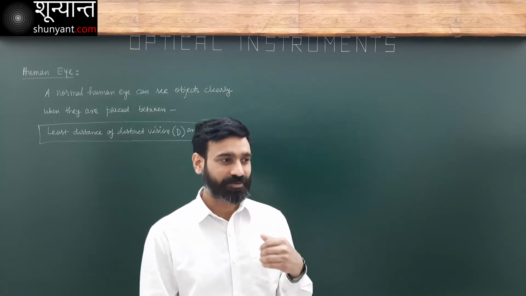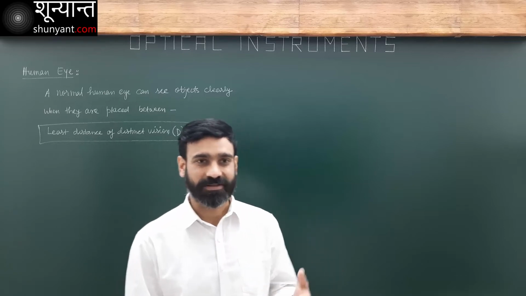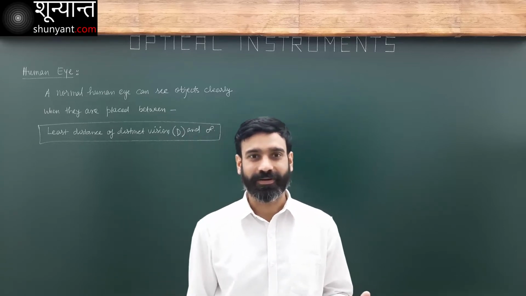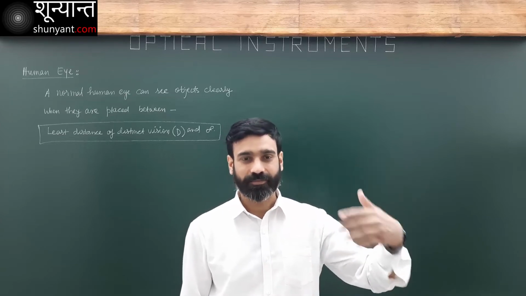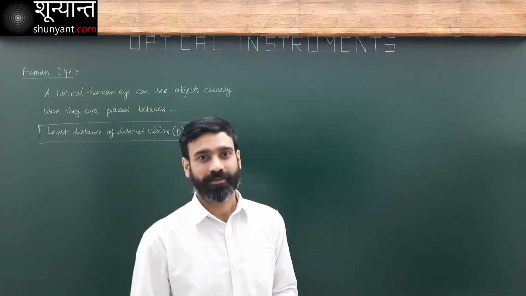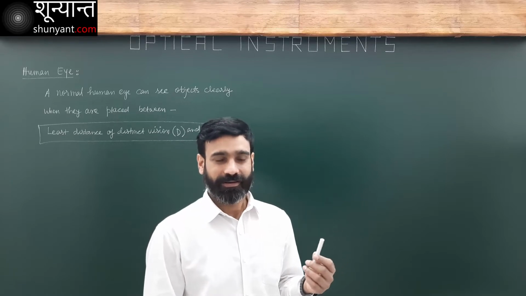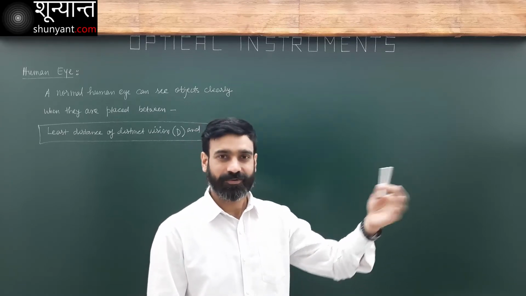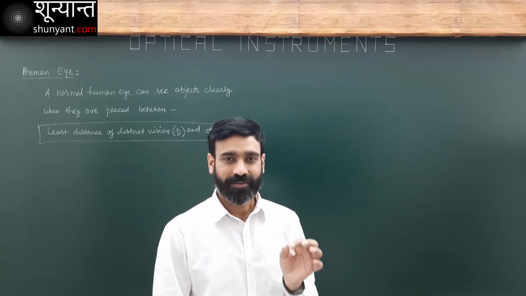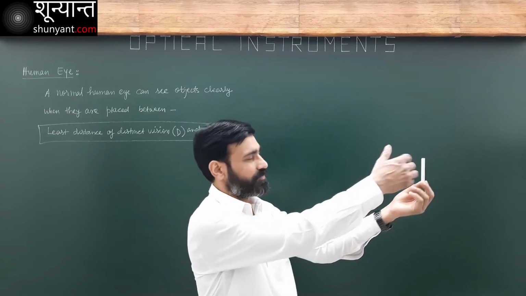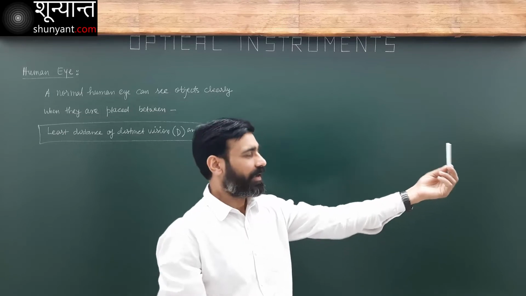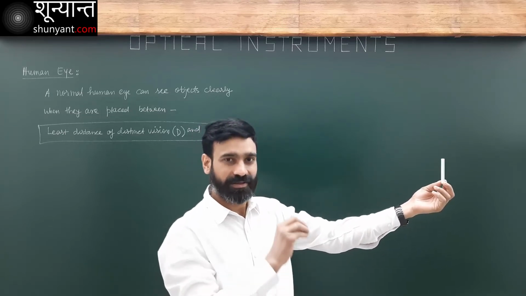You can see objects at a very large distance, like stars and the moon. No matter what the distance, you are able to see, but there is a minimum limit for that. If the object is at a large distance, I can see it very comfortably and clearly.